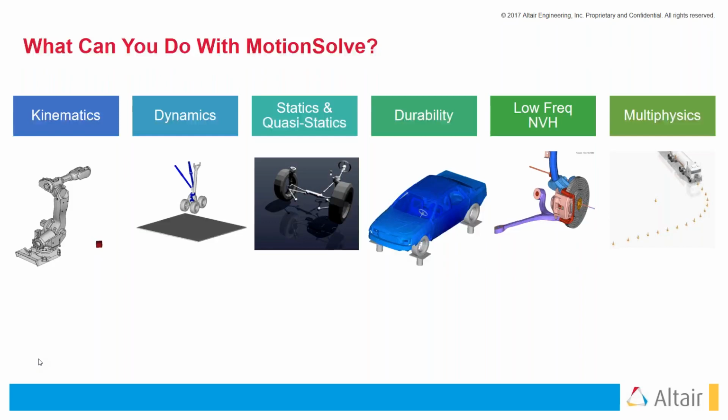Static and quasi-static are slowly moving systems which we can simulate in MotionView and MotionSolve. If you want to study the durability of your structures or components, we can consider flexible bodies. As an example, you can see a four-poster car with a flexible body. Then we can do low frequency analysis as well, low frequency NVH.